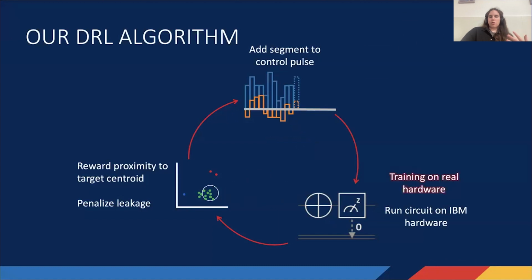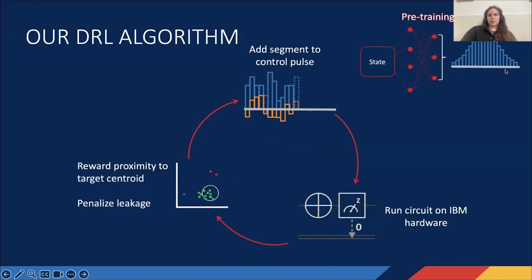So I also pre-train my agent. And that's why I introduced the drag pulse, which we know is pretty good, even though it's not perfect. So I train my reinforcement learning agent first to favor this Gaussian shape that I know is advantageous. And then I'm going to go from there and fix it, shall we say, as time goes on.